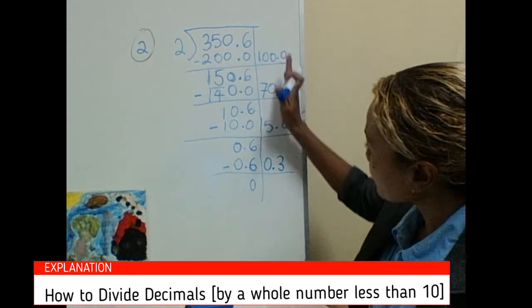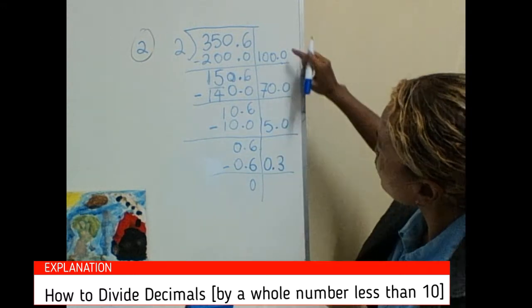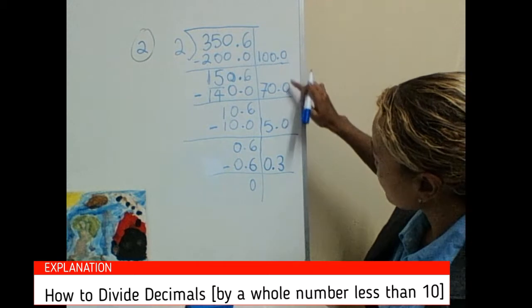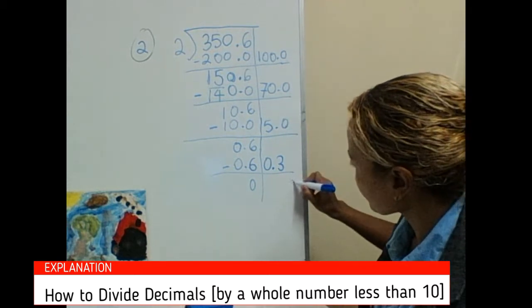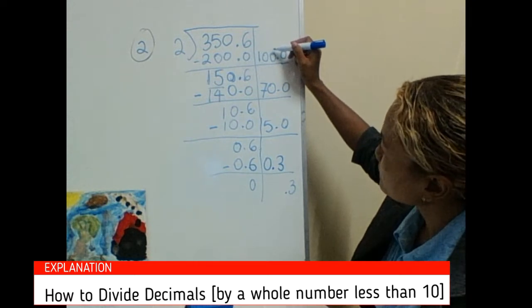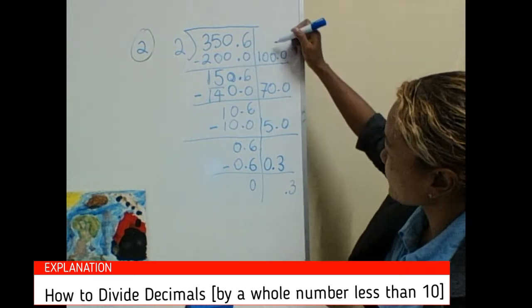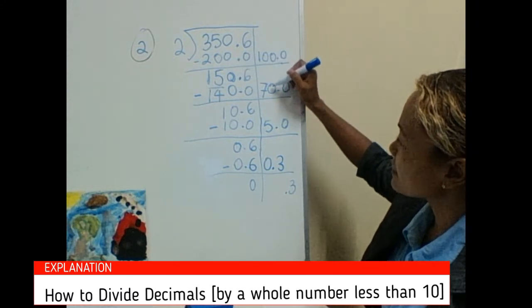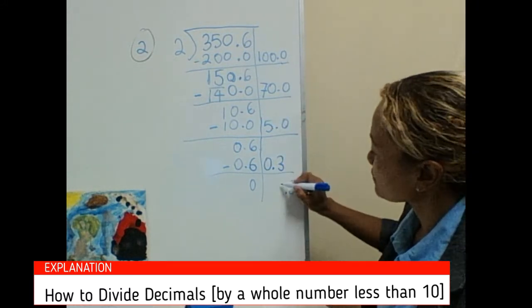Now, I haven't really aligned this, but if you look at the first decimal point, 3, that's the tenths, right? The ones column, the units here, 5.